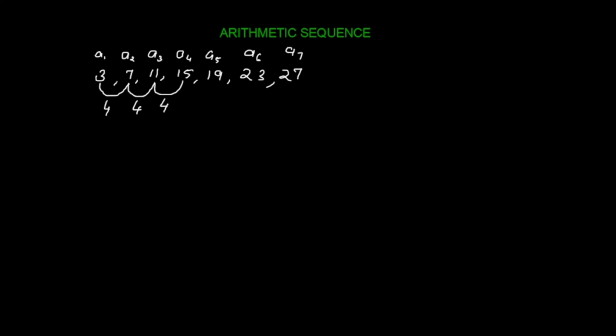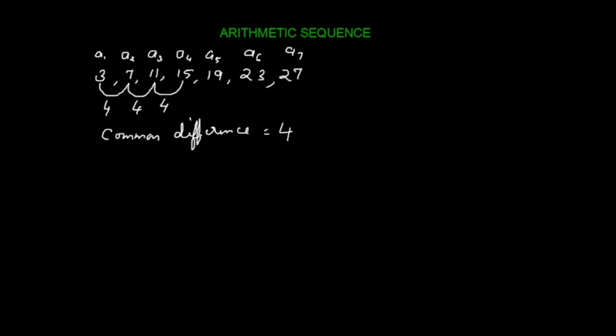A1 plus 4 is equal to A2. A2 plus 4 is equal to A3. A3 plus 4 is equal to A4, right? So this 4 is known as the common difference of the sequence.